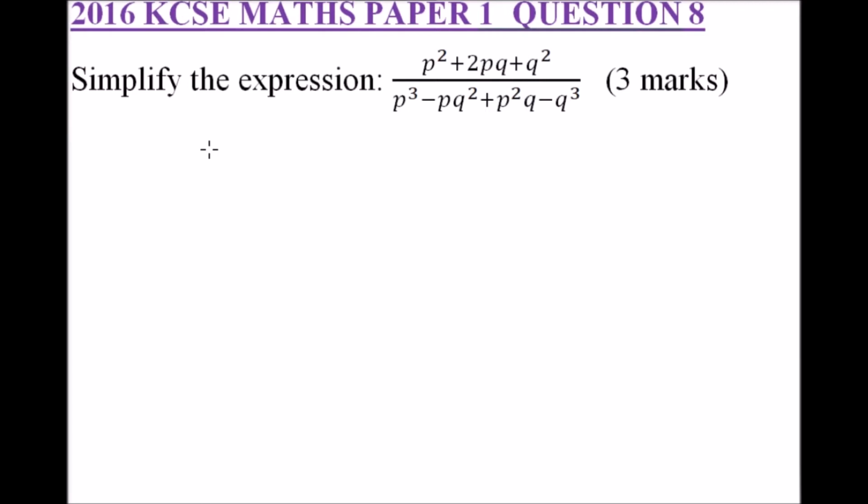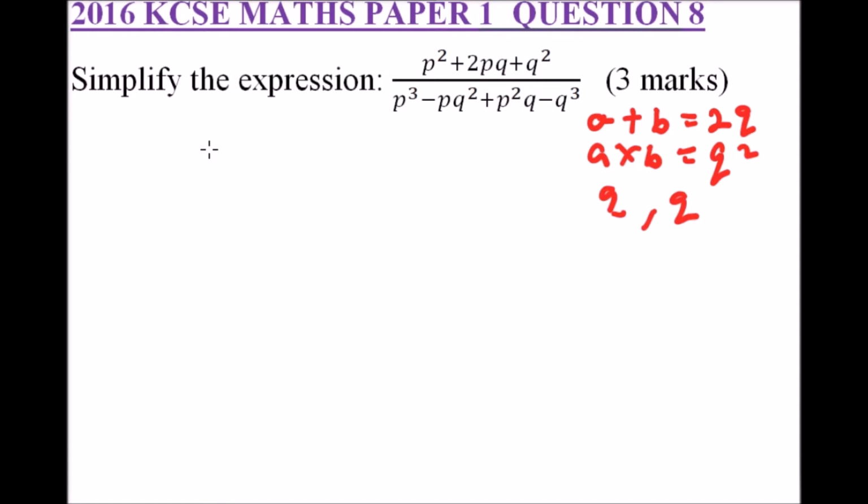So we consider q as a constant. So we are supposed to get two numbers such that a plus b should give you the coefficient of p, which is 2q. Then a multiplied by b should give you the constant, which is q squared. And we can say if we take q and q, q plus q is 2q, q times q is q squared.